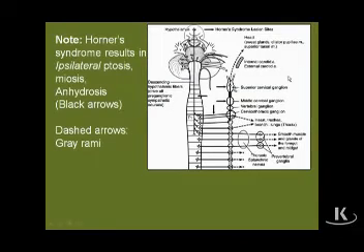Let's now look at a higher magnification view of just the upper part of the sympathetic pathway and make a couple of points. One is we're looking at the upper part of the thoracolumbar outflow, and we're seeing again examples of preganglionic sympathetic neurons that are leaving from the thoracic spinal cord. Note that all of those preganglionic axons must enter the paravertebral chain of sympathetic ganglia, where they have a couple of choices.